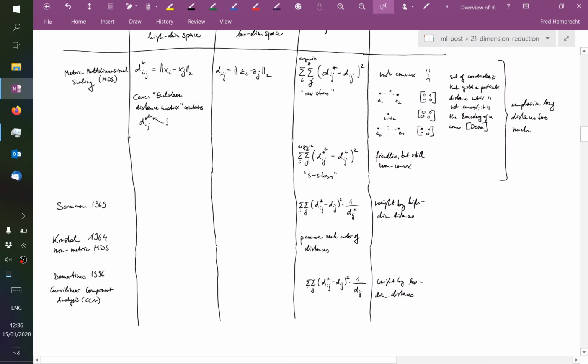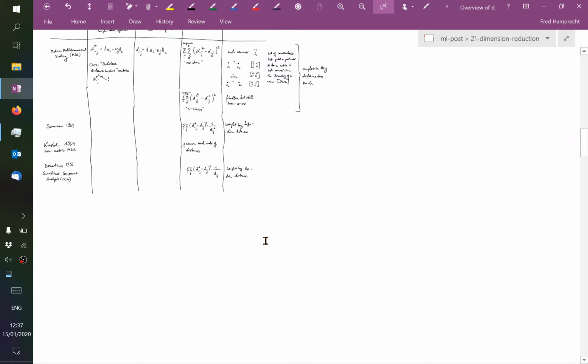So are we talking about the same thing? Yeah. We have our original observations. We measure their distances. That gives us the d stars. We create low dimensional observations. We measure their distances d. We try and make them as similar as possible. And we just want to downweight the biggest contributions. Now, this innocent change, would you expect it to have any major impact? I think I did not, honestly, before I read the paper.